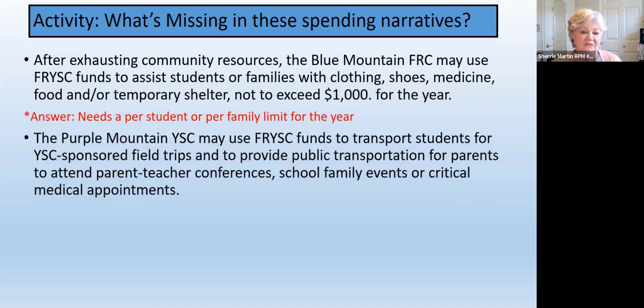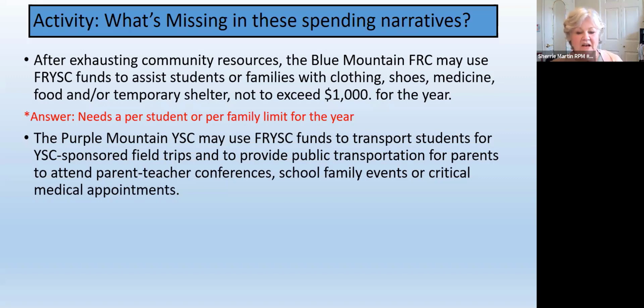So this is a narrative that says that Frisk funds can be used to transport students for field trips and to provide public transportation for parents to attend important appointments. What is missing from this narrative? We have a criteria here.